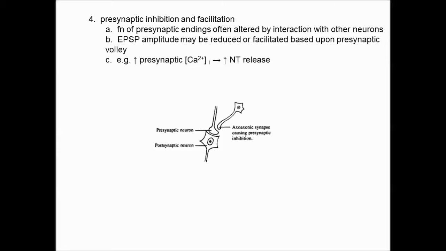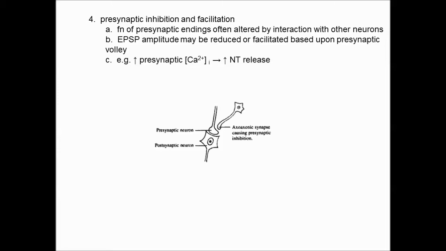So the EPSP amplitude can be either increased or facilitated based on this axo-axonic synapse. So I said that backwards. If you depolarize it, you get more neurotransmitter released. If you hyperpolarize it, you get less.